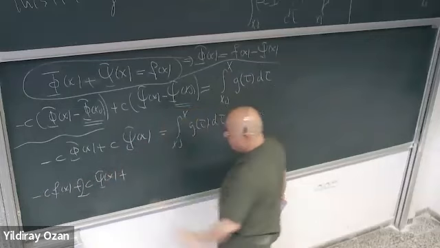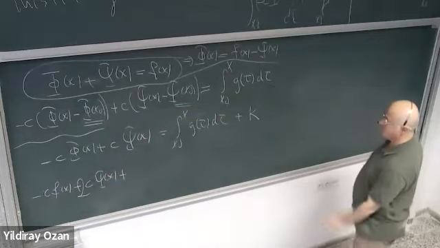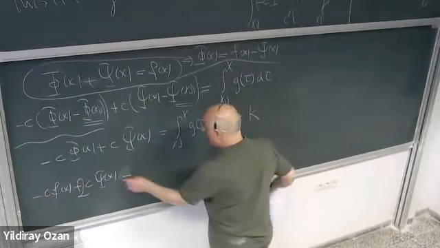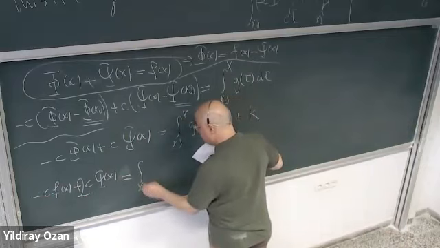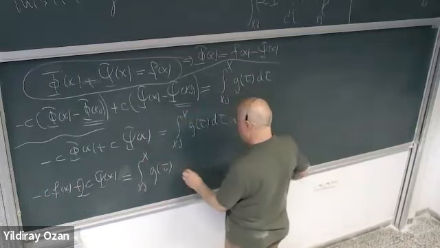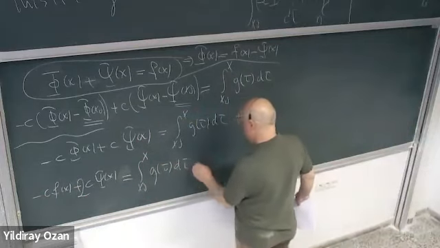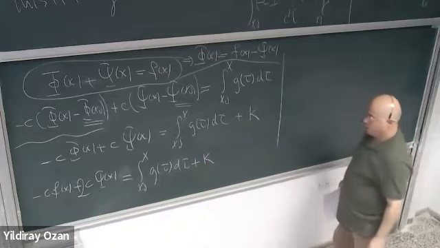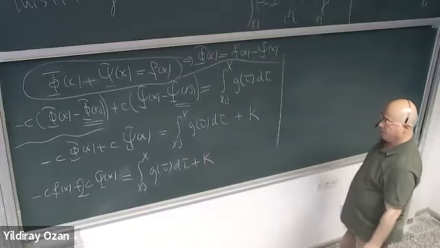So I have 2c times psi, and that is equal to integral from x0 to x g tau d tau plus k.